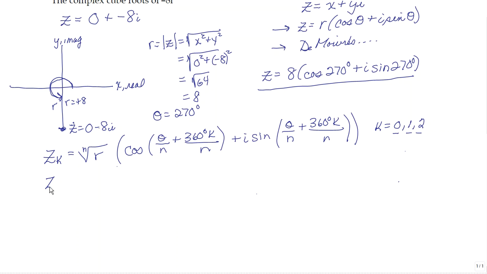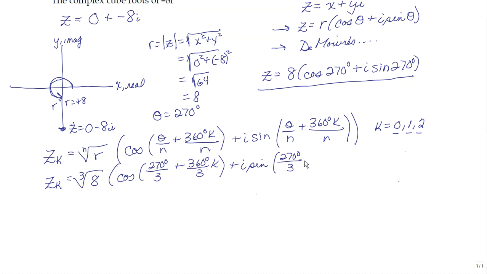But before we do that, we're going to rewrite this formula with our values of r and theta. So this will be the cube root of 8 times the cosine of 270 degrees over 3 plus 360 degrees over 3 times k, plus i times the sine of 270 degrees divided by 3 plus 360 degrees divided by 3 times k, again for k equals 0, 1, and 2.